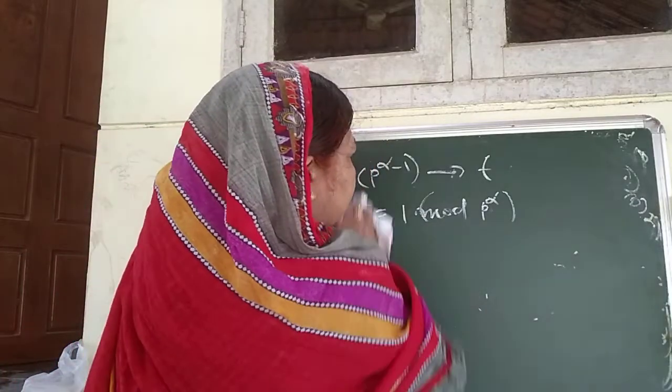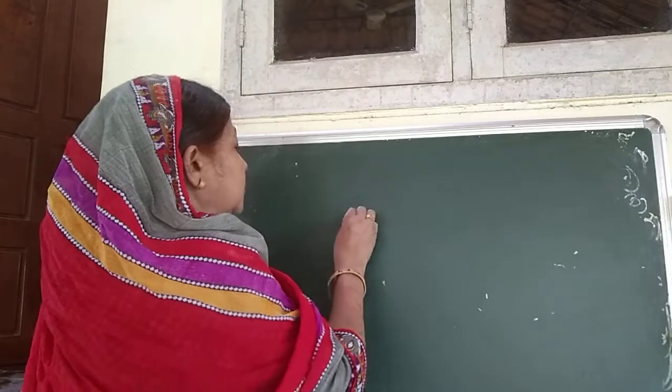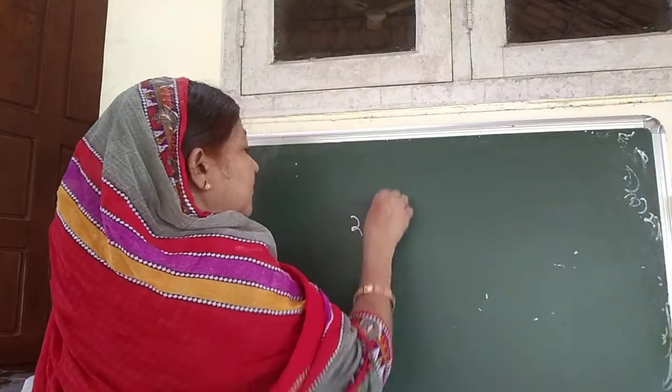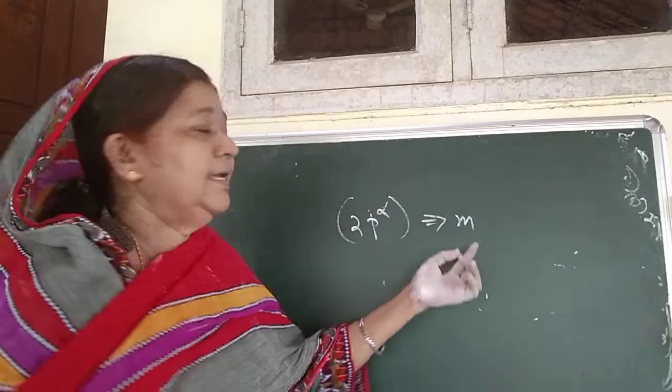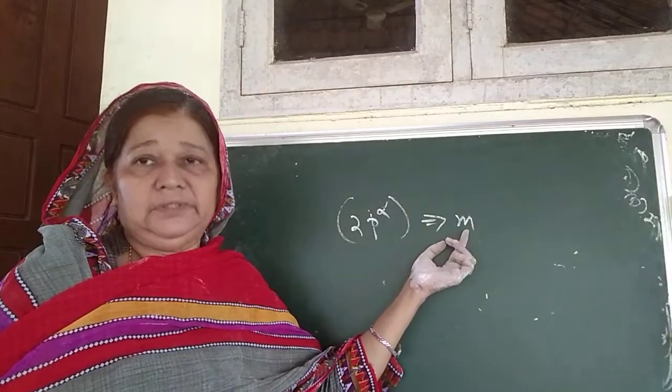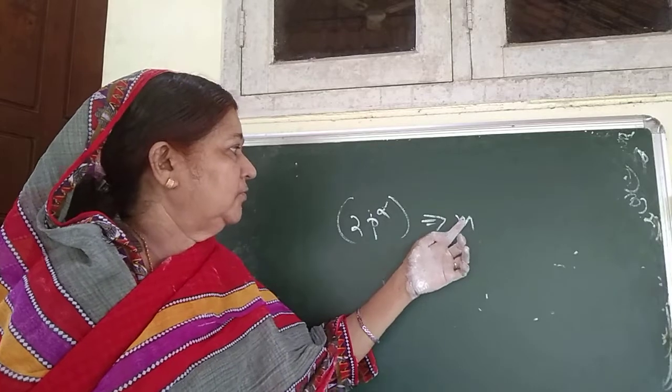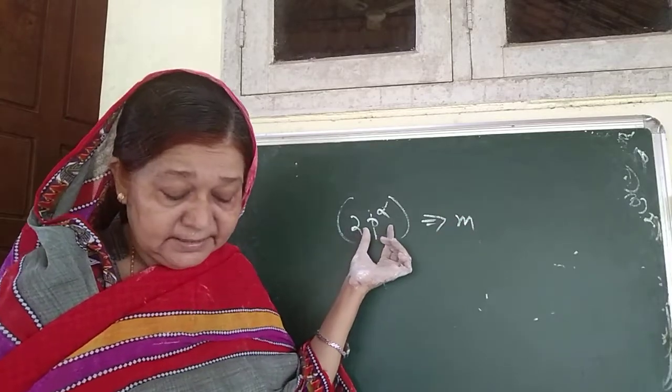Then let us examine the existence of a primitive root for 2 p raised to alpha. Whether a primitive root for 2 p raised to alpha exists.